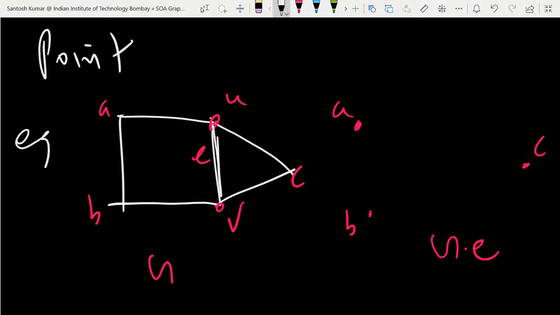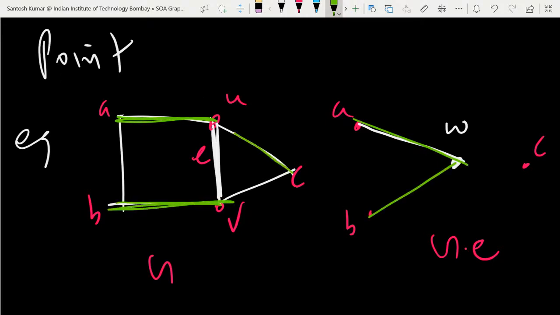We shrink this UV edge to one point, call it W, and any vertex incident to U or V becomes incident to W. So there was an edge AU, so you take AW. BV, so BW. CU or CV, so CW.